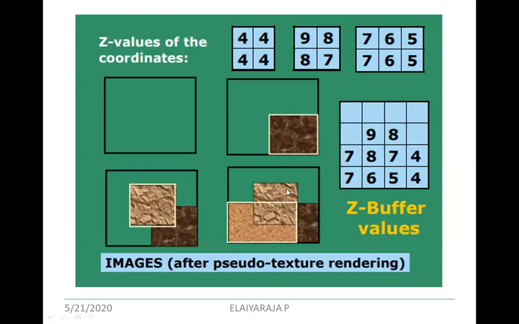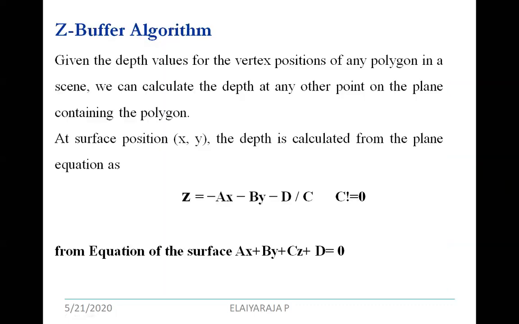If there is any change in the value, then your surface color intensity will be refreshed. Else it remains the same, which means if you find your z value, the depth value, is higher than your previous pixel depth value, then it will be replaced; if lesser, it remains the same. Okay, so this is how you process the algorithm.